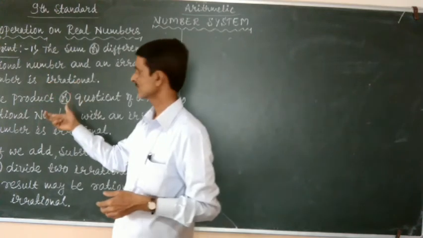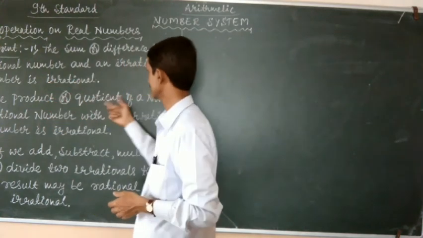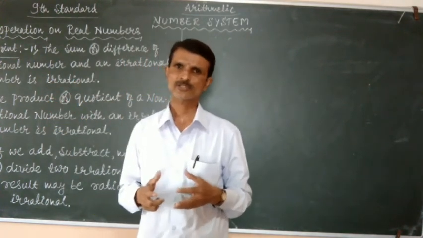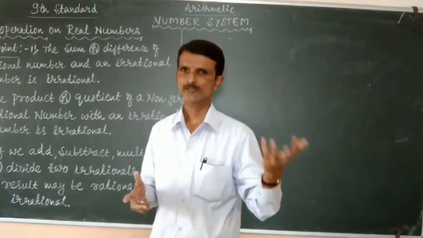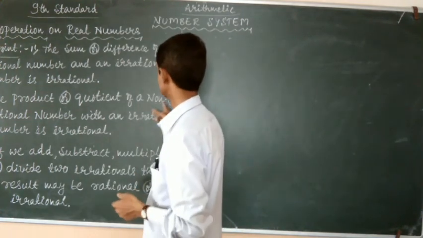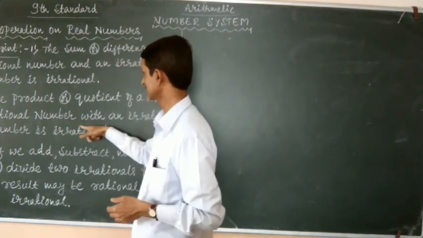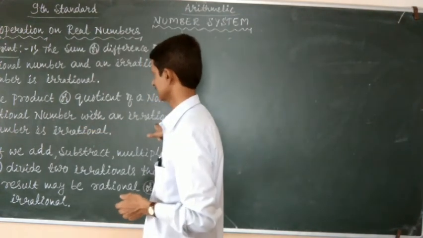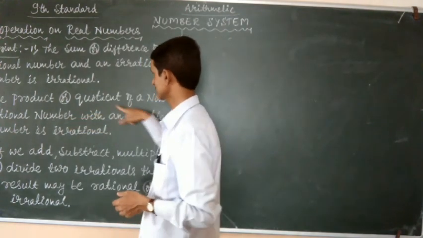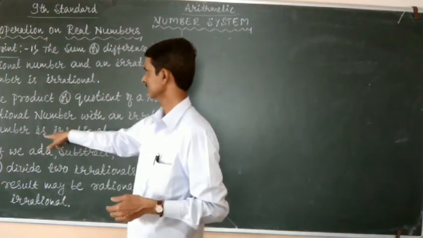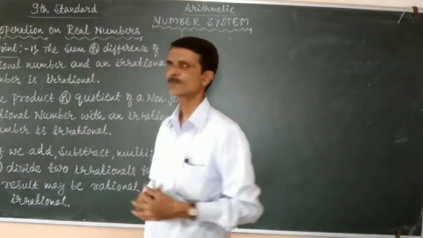The second point is the product or quotient. If we multiply or divide a non-zero rational number with an irrational number, the product and quotient is an irrational number.